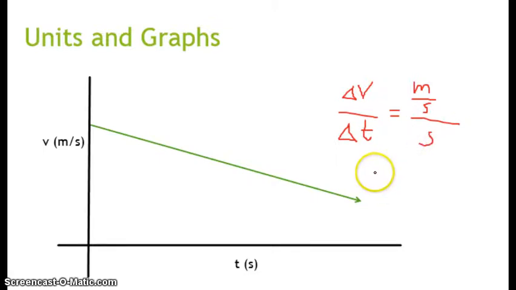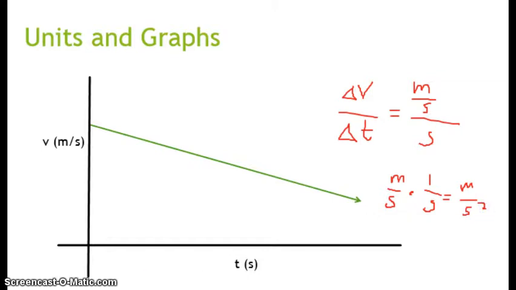Wait a minute. Dividing by fractions is easy as pie. Flip the second and multiply. The second is this one here. We do not flip the first. We leave the first where it is. We flip the second and multiply. And when we do, we get meters per second squared.